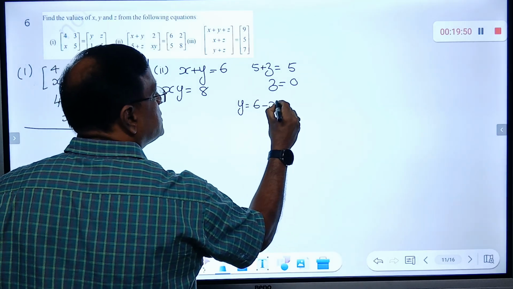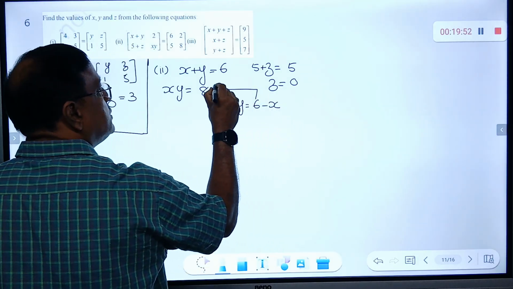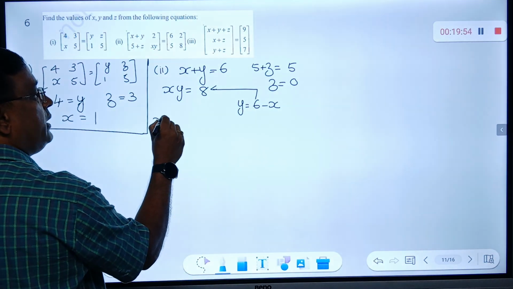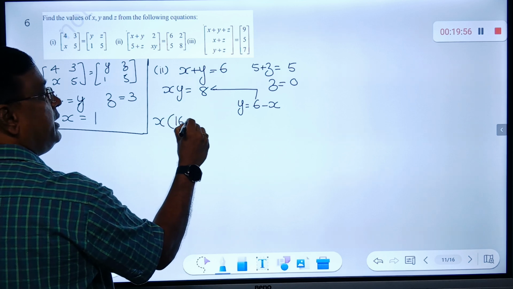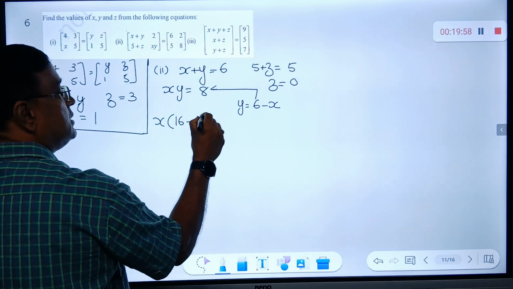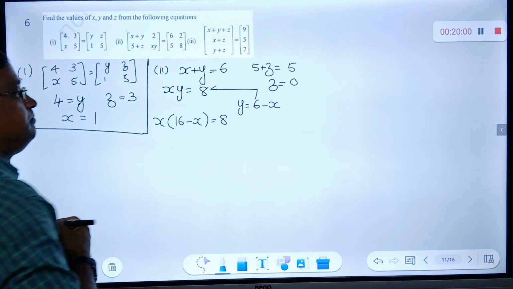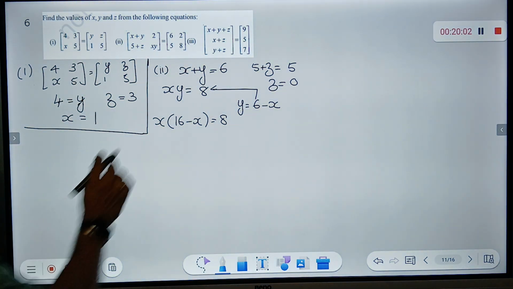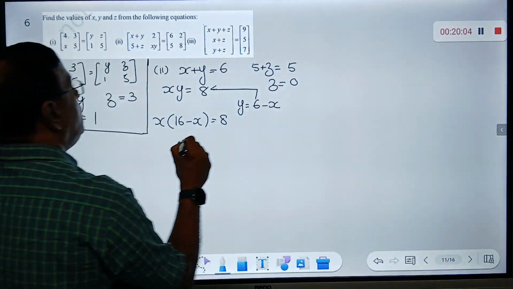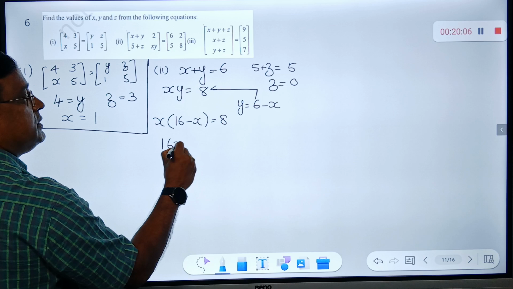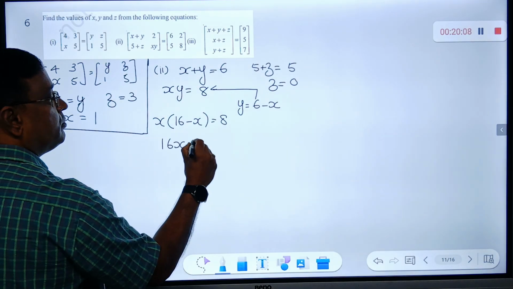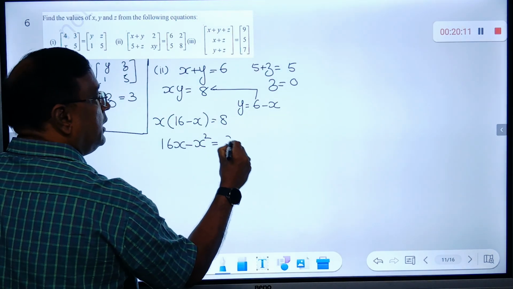Now what is y equal to? 6 minus x. I'll take this and substitute here. So wherever y is there, I will replace it by 6 minus x, correct? So what do I get? x times (6 minus x), I'm just using the distributive property, equal to 8.